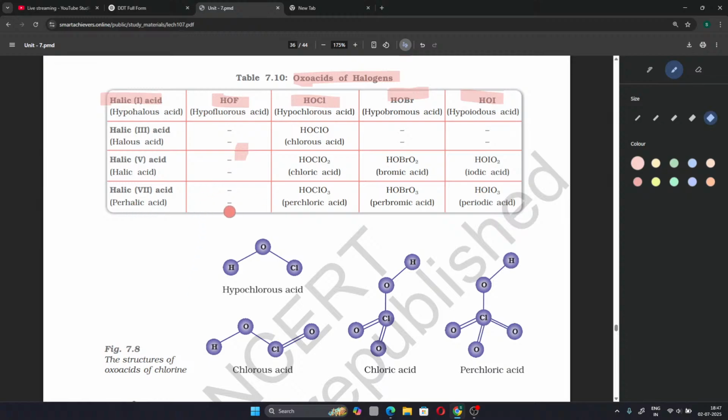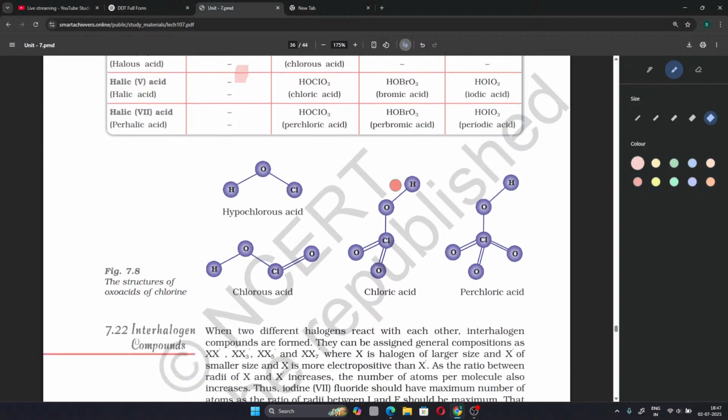Perhalic acid is formed by all three except fluorine, and they are called perchloric acid, perbromic acid and periodic acid. Now the structures of oxoacids of chlorine.